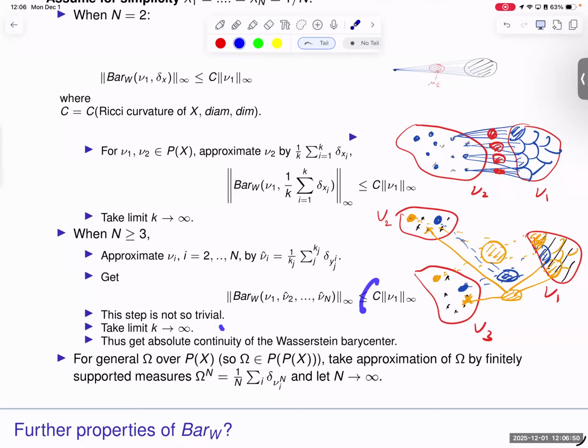And after that, because this C is independent of the number of points, you can just take the limit. Then this will converge to the Wasserstein barycenter with the density still bounded by the same thing.